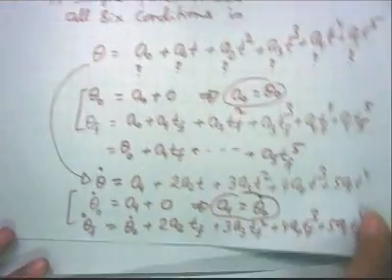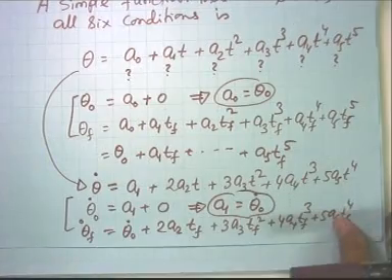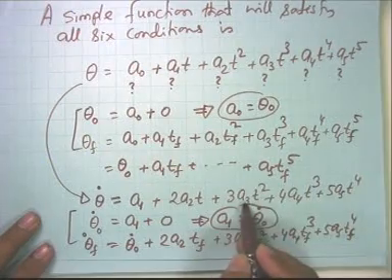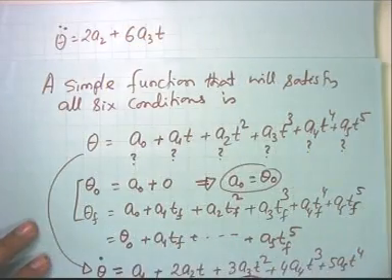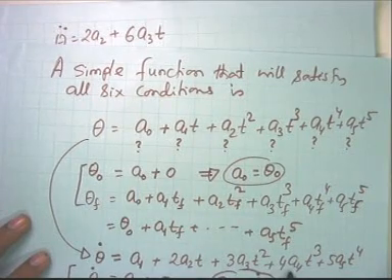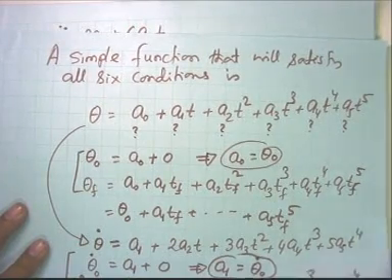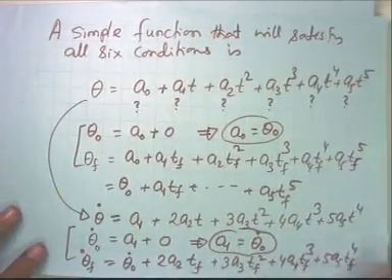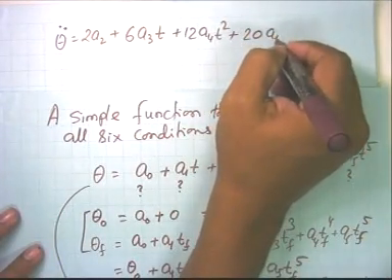So, from theta dot here I get 2A2 plus 6A3t, then plus 4A4t cube differentiates to 12A4t square, plus 5 into 4, 20A5t cube.